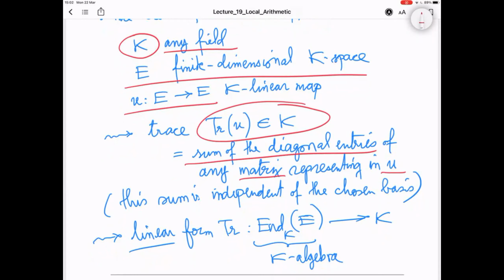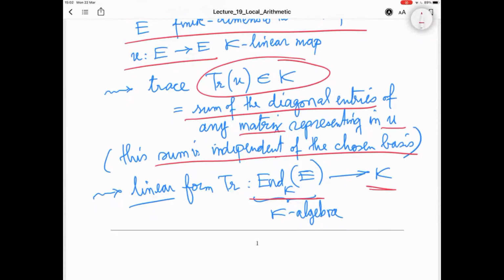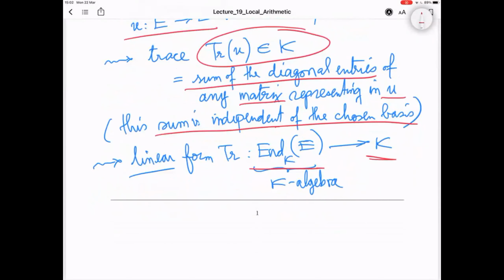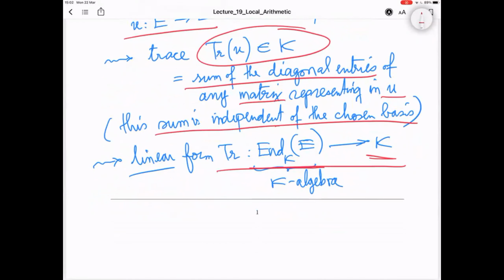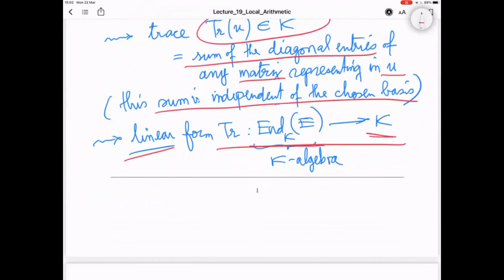Of course, one has to show that this sum is independent of the basis that you have chosen, and that turns out to be the case. So for every endomorphism we have defined a trace, and thus we get a map from the endomorphisms of E to the base field K. And this map turns out to be a linear map itself. So that's a very basic concept.